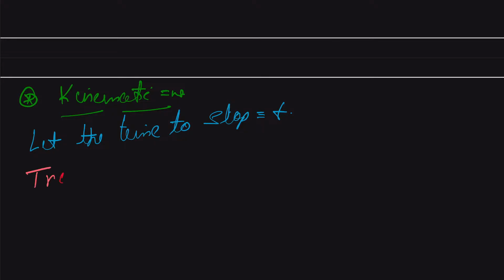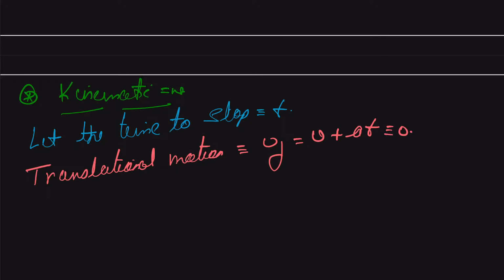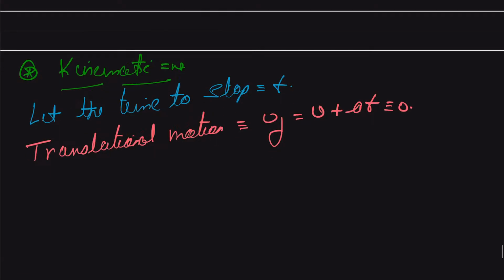The final velocity vf equals the initial velocity plus acceleration times t, and the final velocity is 0. Substituting a, we get v minus mu g times t is equal to 0.